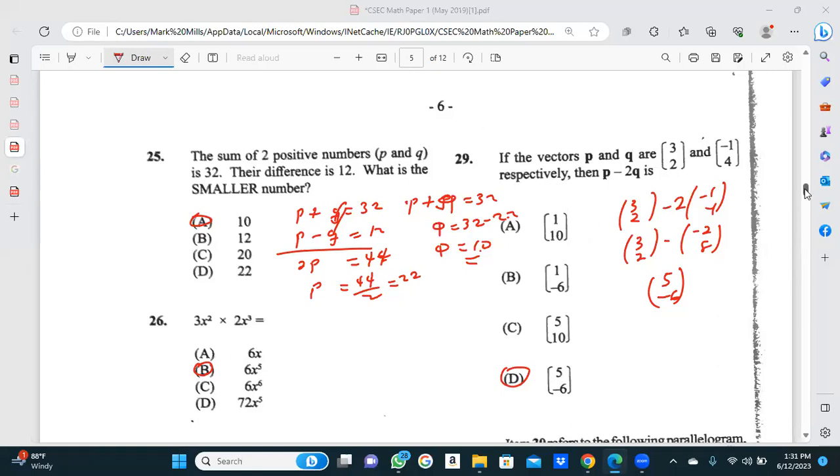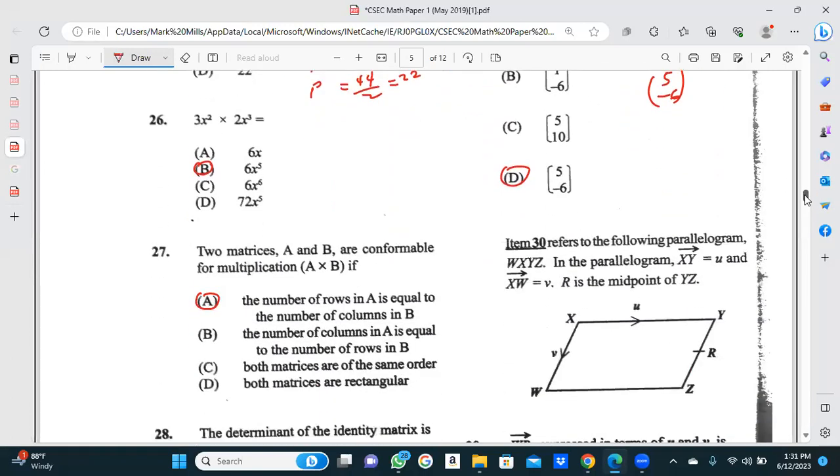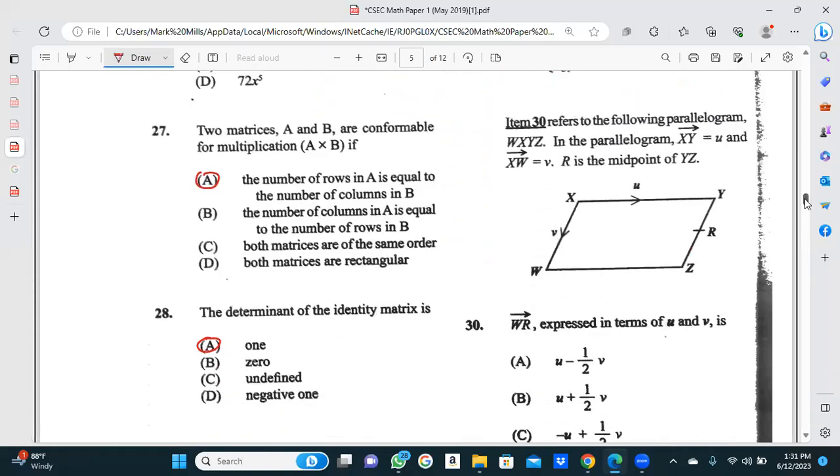All right, next. Item 30 refers to a parallelogram, where the sides are U and V. XW is what?